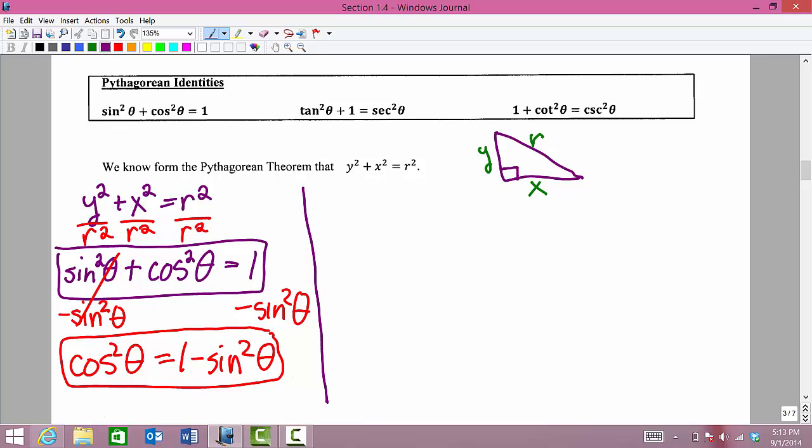What about tangent squared theta plus 1 is equal to secant squared theta? How do we get that Pythagorean identity? Well, let's take our Pythagorean theorem again. Y squared plus x squared equals r squared. And this time, let's go through and divide everything through by x squared.